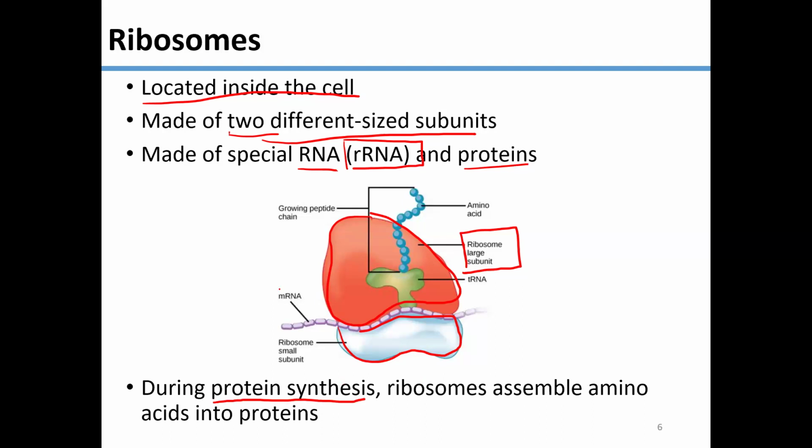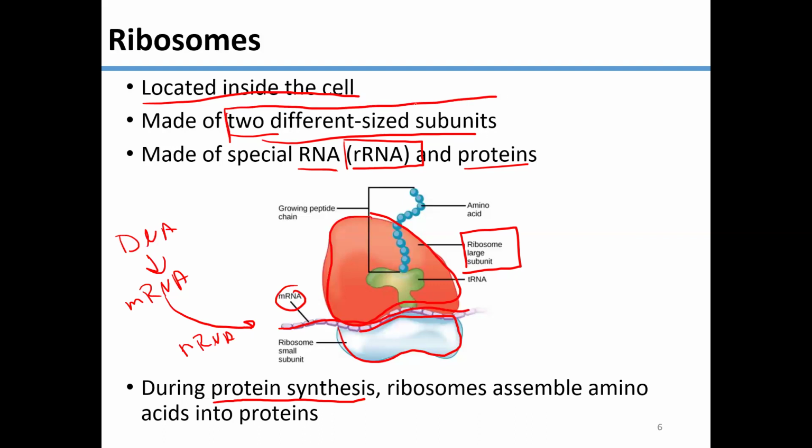All that basically means is our mRNA, remember, which is going to leave the nucleus. So our DNA is going to make our mRNA. It's going to leave the nucleus, and it's going to come to our rRNA. And then the mRNA is going to run through, in between both of those two different subunits.